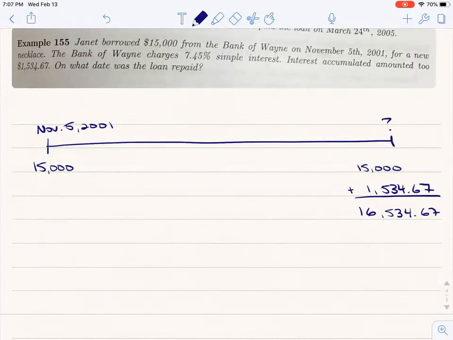In terms of drawing this arrow, the 15,000 is going to have an arrow to the 16,000, because the arrow goes from a present value to a future value.